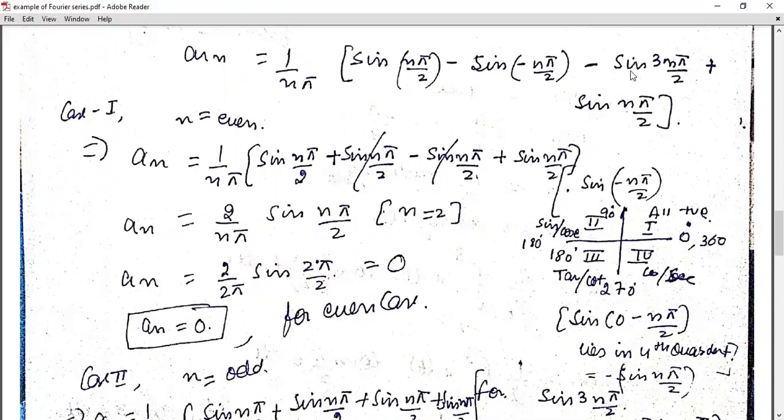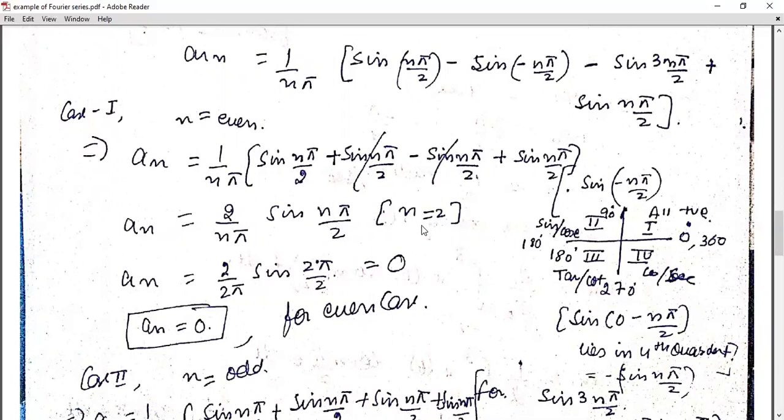Similarly in this case, if we are substituting sine of 3n pi by 2, and here we are substituting 2, 2 to cancel, then it will be 3 pi. 3 pi will come again in the third quadrant. Again this will become negative. This and this will be cancelled out, and we'll get 2 by n pi sine of n pi by 2. This is a simple mathematical calculation.